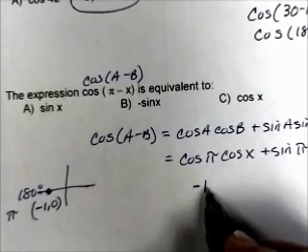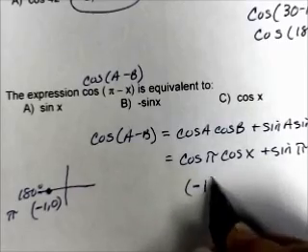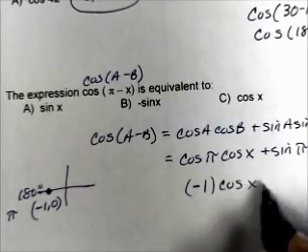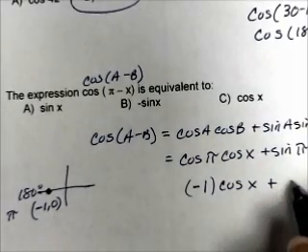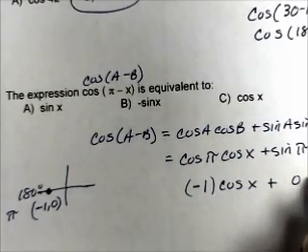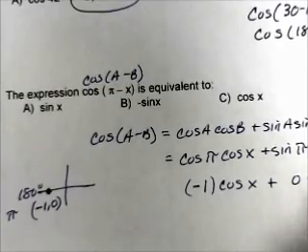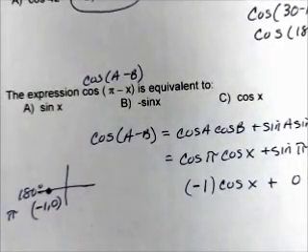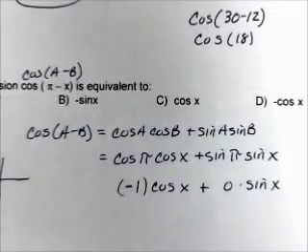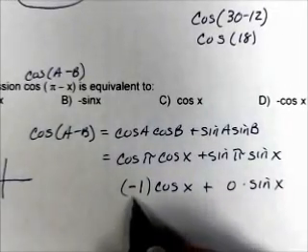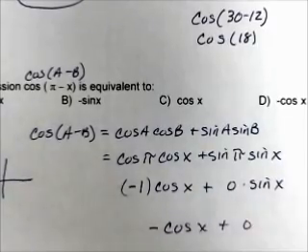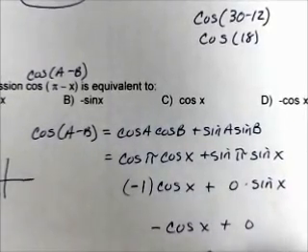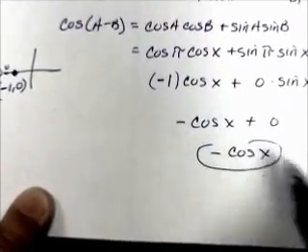So this is -1 times the cosine of x plus the sine of pi, sine is the y-coordinate 0, times the sine of x. Well, 0 times sine x is simply 0. So we have negative 1 times cosine x, or negative cosine x, plus 0 is simply negative cosine x. All right, which matches choice D.